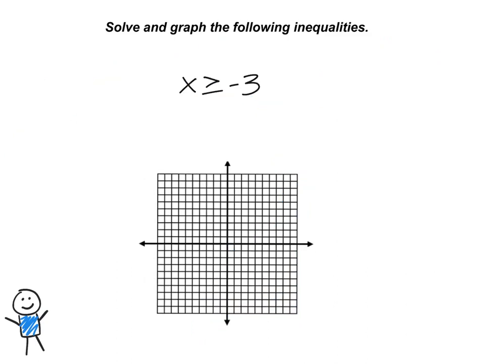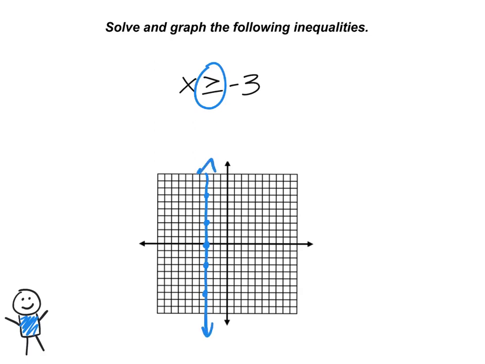Next example could be a little tricky. This one says to solve and graph x is all the values greater than or equal to -3. Recall from when we graphed linear equations that I'm going to go to where x is -3 and put a dot. And x equals equations are vertical lines. They go up and down. Because this one is greater than or equal to, I know that it's going to be a solid line that I graph.